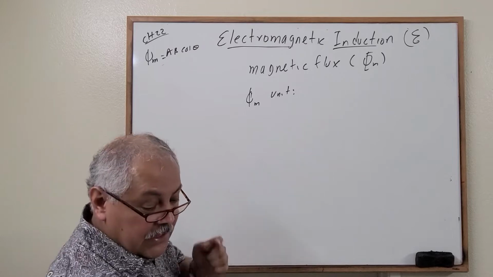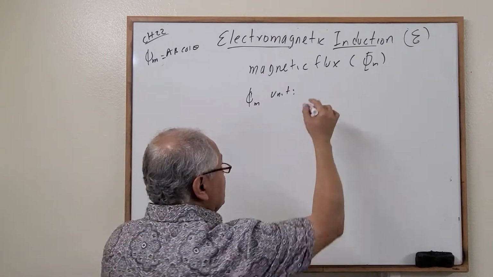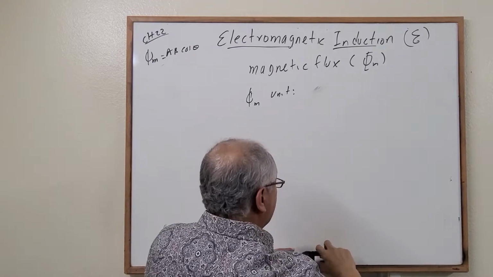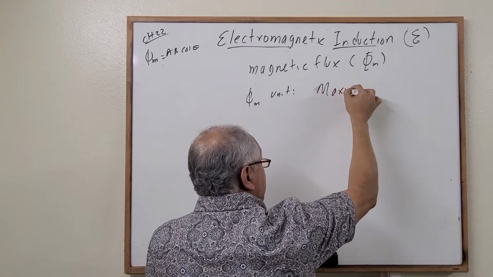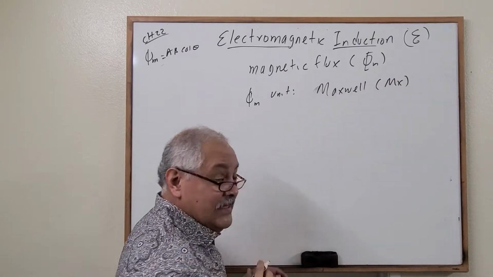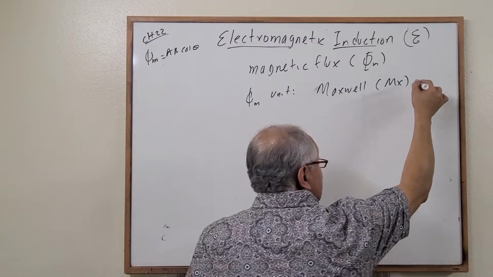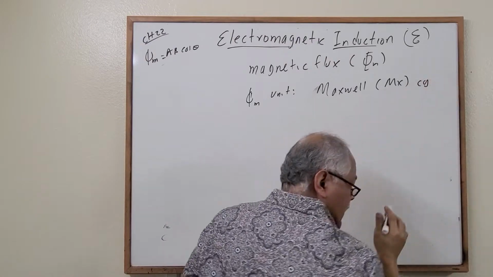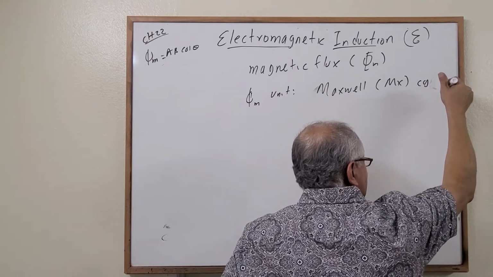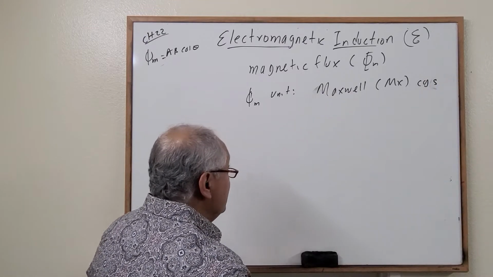So these are the units. The units are called Maxwells, right? Maxwell, Mx. This is in the CGS system, centimeters, grams, seconds.